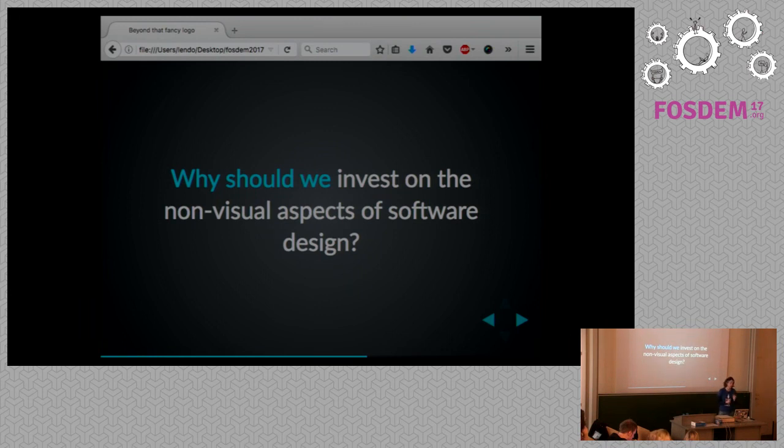However, I suspect that the answer to this question is somehow connected to the answer to another question. Why should we invest in those non-visual aspects of design in the first place? Why should we spend time understanding our users and thinking about the content, the structure, and the behavior of our software? I think I might be able to answer this question, and that's what I'm trying to do today in the rest of the time I have.